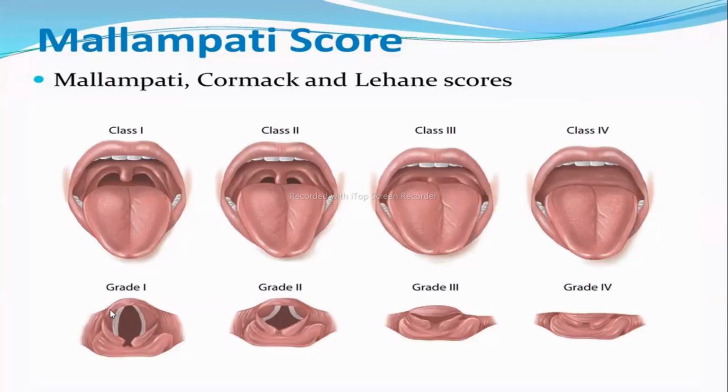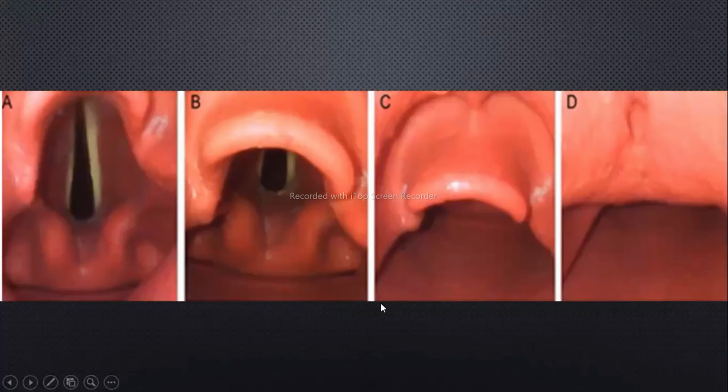Cormack and Lehane: you can see the vocal cords, grade 2, partial visualization of the vocal cord, this grade 3 and this grade 4. They can give you any picture or image in the exam and ask you about the class of Mallampati or the grades of Cormack and Lehane score.